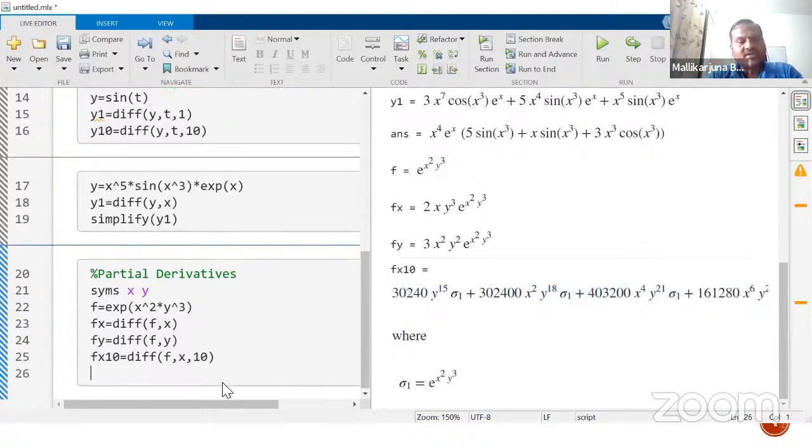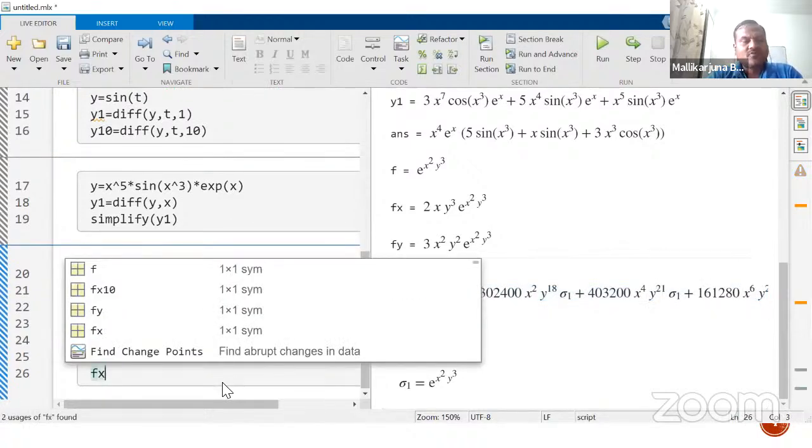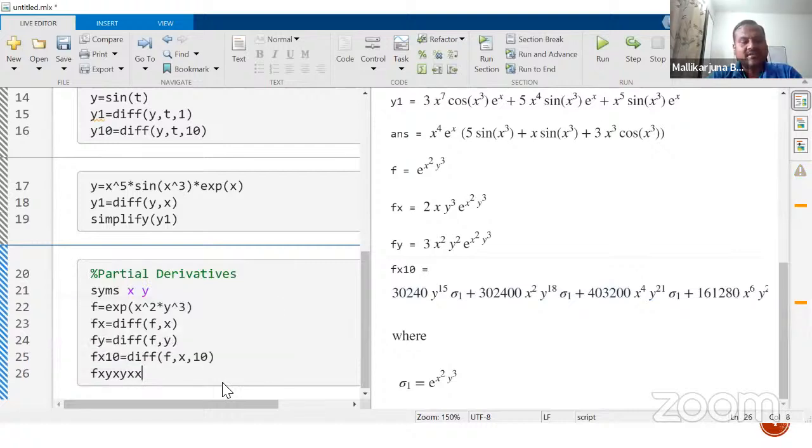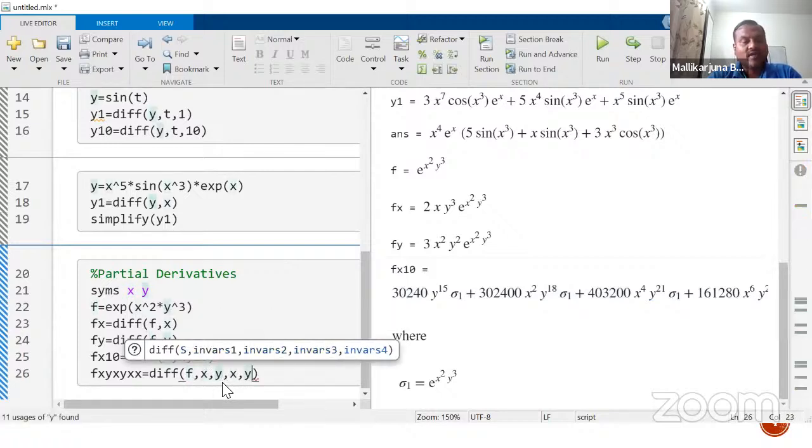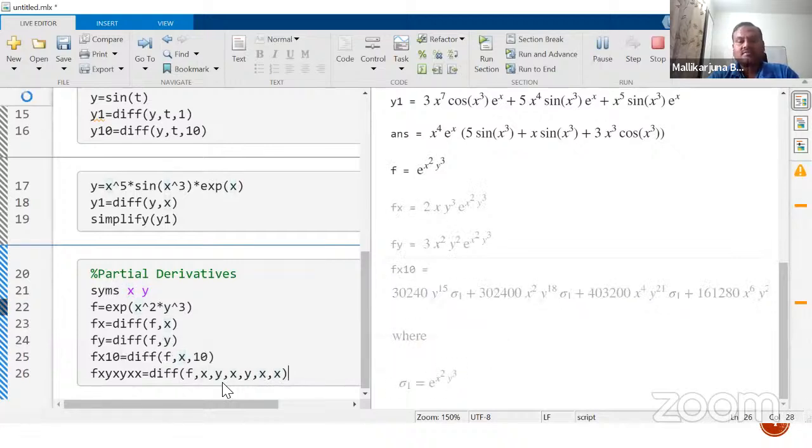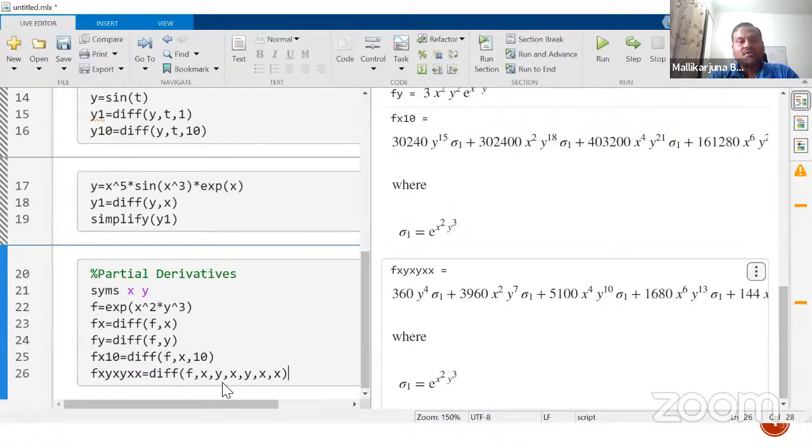Then mixed partial derivatives also. Suppose you need to find differentiation of f with respect to x, y, x, y, x, x like that. Whatever order you define, accordingly it will give the solution.